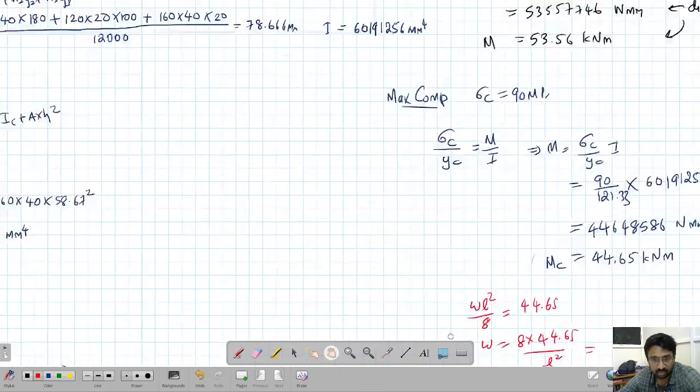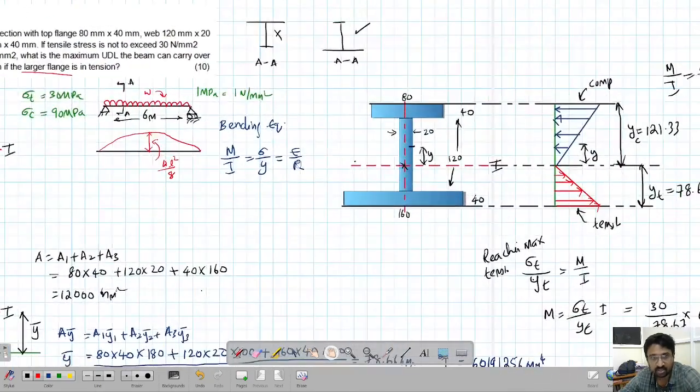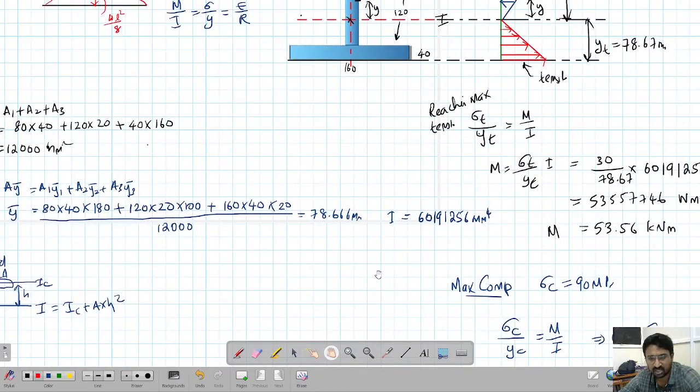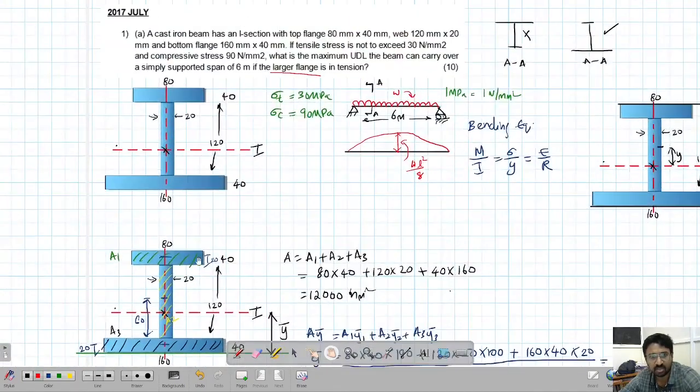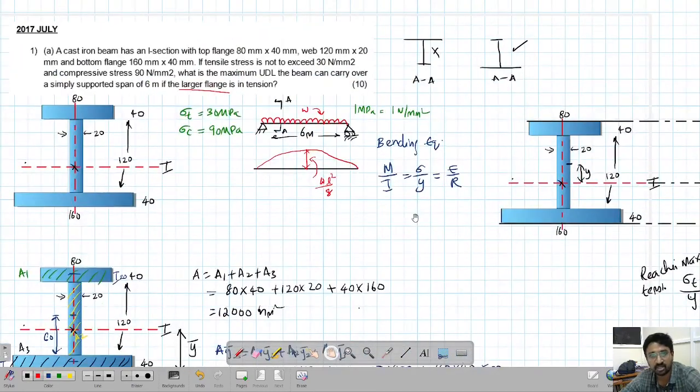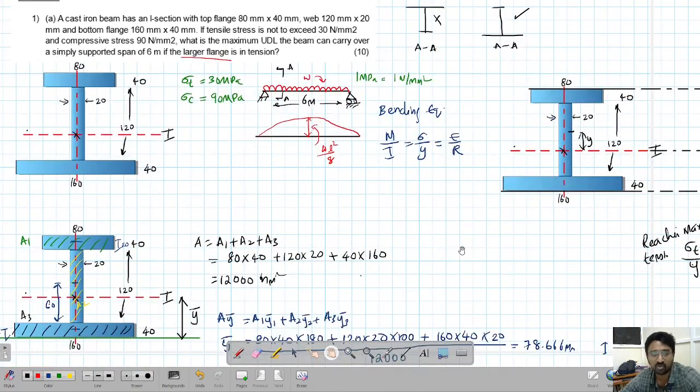As I told you, if the I value is given, then I think you can ask this for 6 to 7 marks. If the I value is not given and you have to calculate the centroid and the moment of inertia, and then the remaining moment calculation is there, then you can give it for 10 marks. This question should have been for 15 marks, I feel, given the time, not because of the complexity, because of the time.